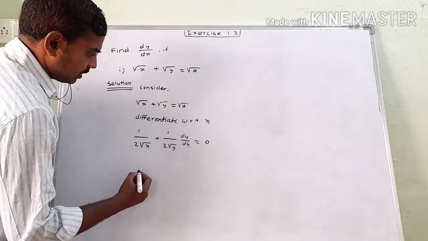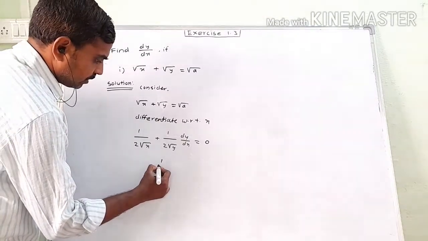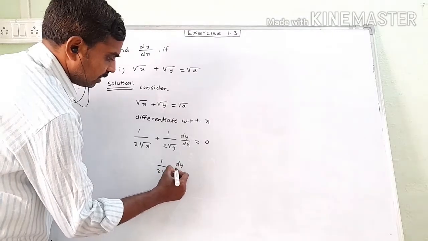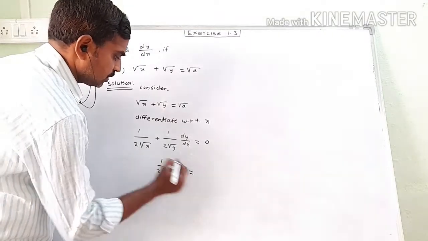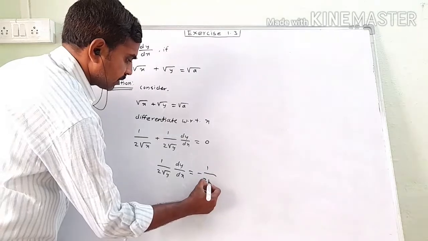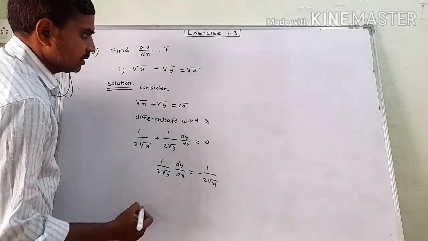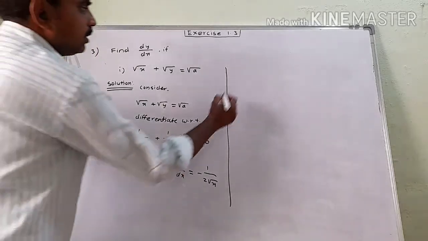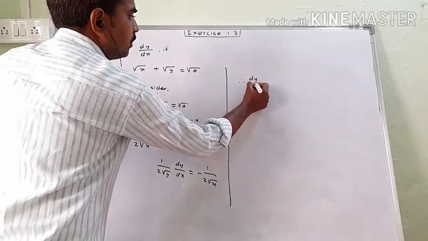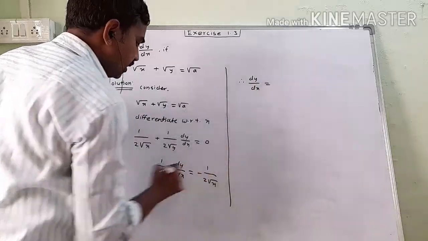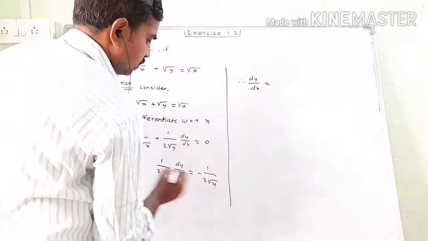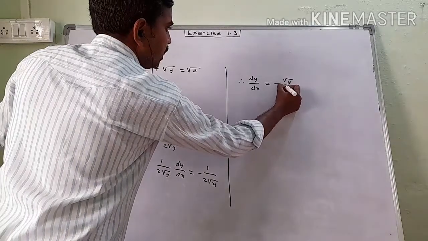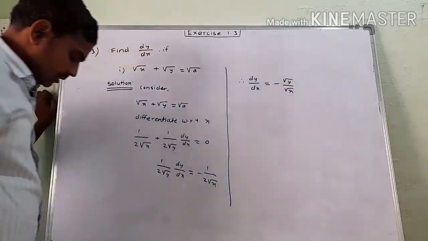Now you have to write on the left side the value of dy by dx. So we will take the first term to the right side, like this. Now to calculate the value of dy by dx, we multiply this equation throughout by 2 into root y. This 2 will get cancelled and we get minus root y divided by root x.